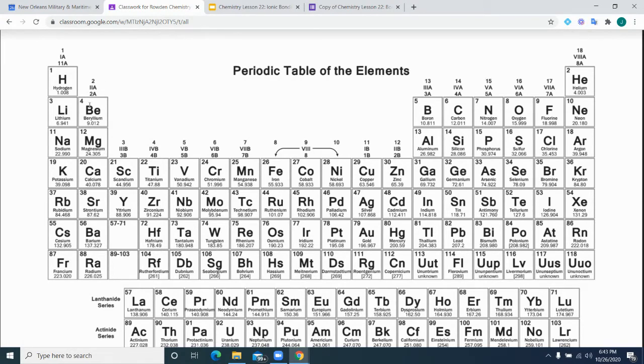Group 2 is going to be +2. Over here, 13 is +3. 14 can be +4 or -4, and so they actually usually just share. These are only involved in covalent bonds. And then right here, 15 is going to be -3, 16 -2, 17 -1. And then 18 is just 0. Nothing happens with these. They're too lazy.